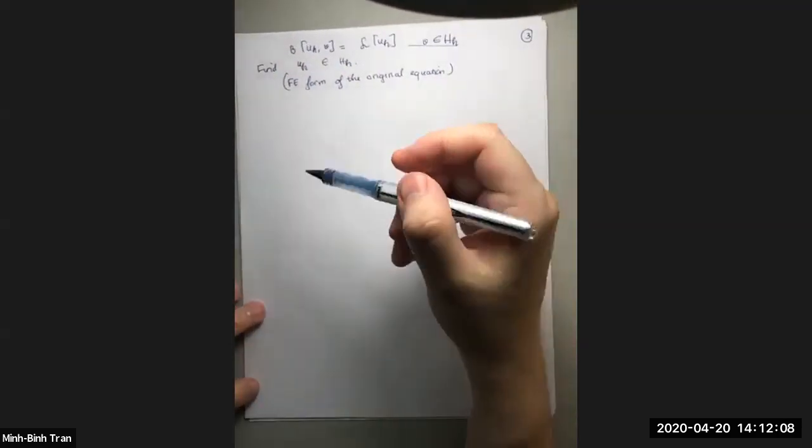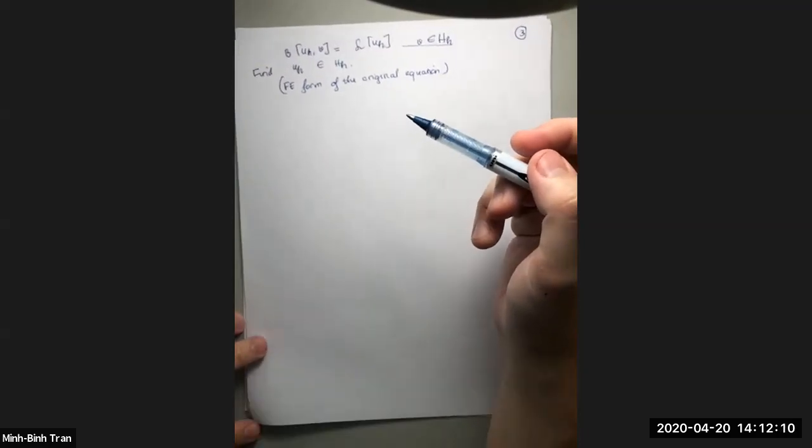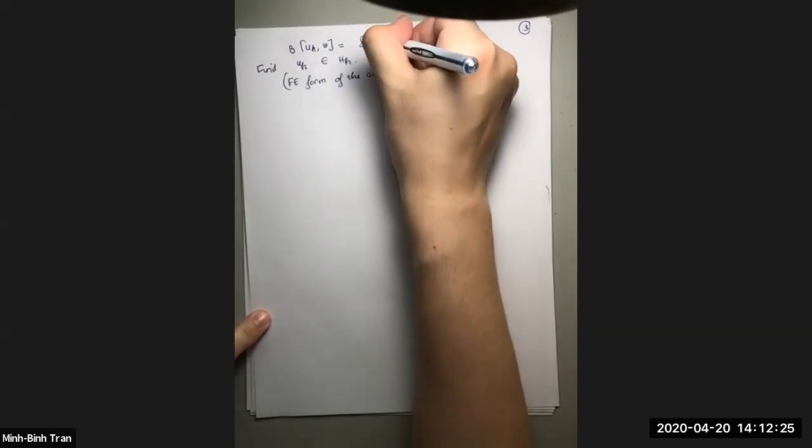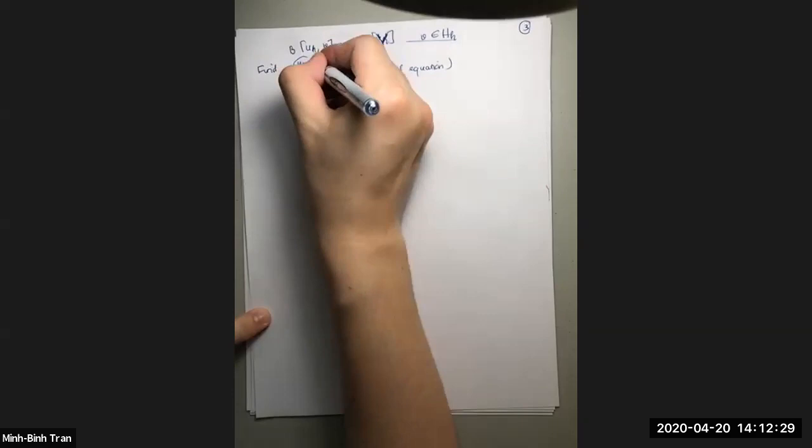The idea is that you're going to find a function U_h in the finite dimensional space such that B(U_h, V) will be equal to L(V) for all V in V_h, and this is the function that you have to find.